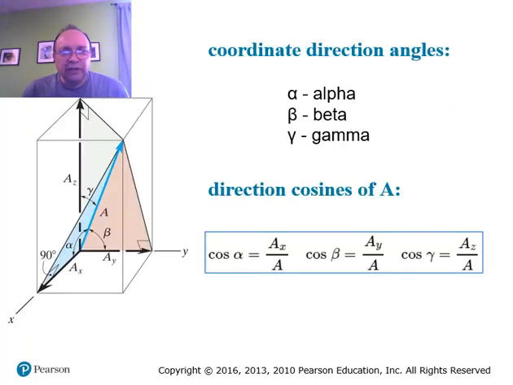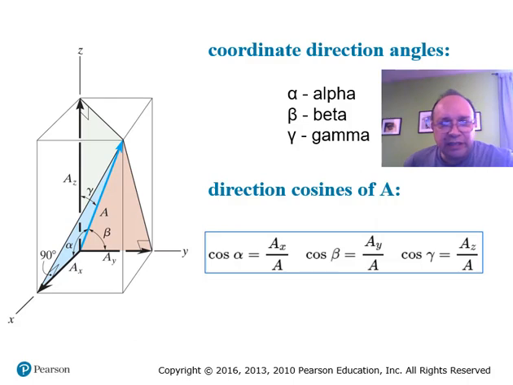All right. If those angles are with respect to each one of the axes, we can visualize here three right triangles. Maybe the easiest one to see is the one with respect to the y-axis. Let's look at that.